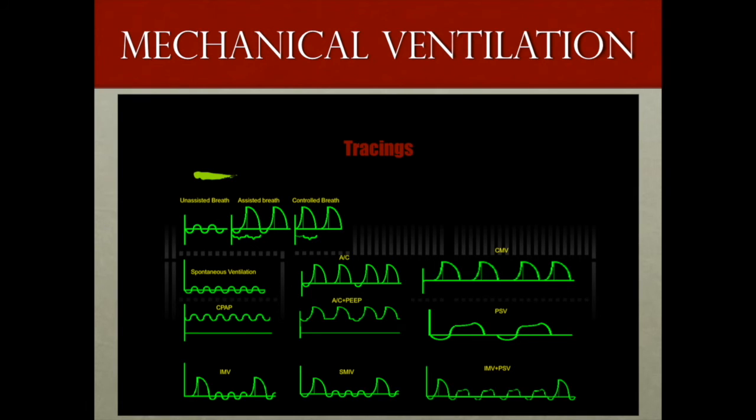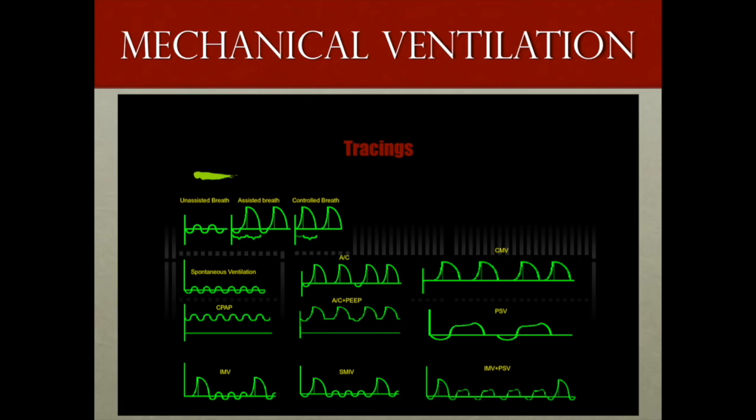It's an analogous concept in that the whole inspiratory and expiratory process is raised up by the level of PEEP that is applied. To the right of that, you can see controlled mechanical ventilation where there are no negative inspiratory triggers. Below that is an example of pressure support ventilation. And on the bottom, we have an example of, first on the left, IMV, where the intermittent breaths do not have negative inspiratory triggers, and SIMV, where they do.